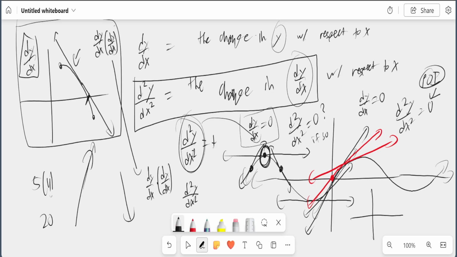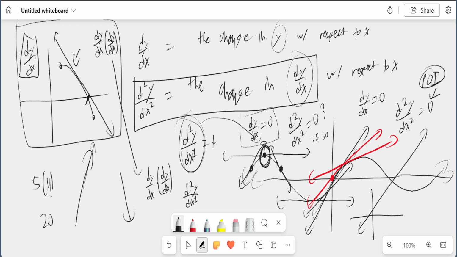You can see this in the corner, right? What I'm writing. If y double prime was positive, it would look like this, because you would keep accelerating. And if y double prime was 0, you would just get a straight line, because your dy dx isn't changing.